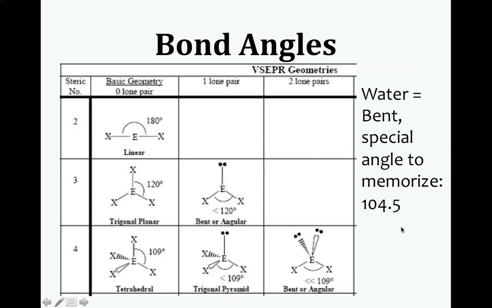We also can think of things as being either polar or nonpolar overall. We know that the bonds can be polar or nonpolar if they have electronegativity differences, but my overall molecules can be either polar or nonpolar as well, and that depends on the shape. So if I had here 2 of the same atoms, and that's why they're both listed as X, with my central atom being E, they would have an electronegativity difference, but since they're the same atoms, their electronegativity differences are going to be the same.